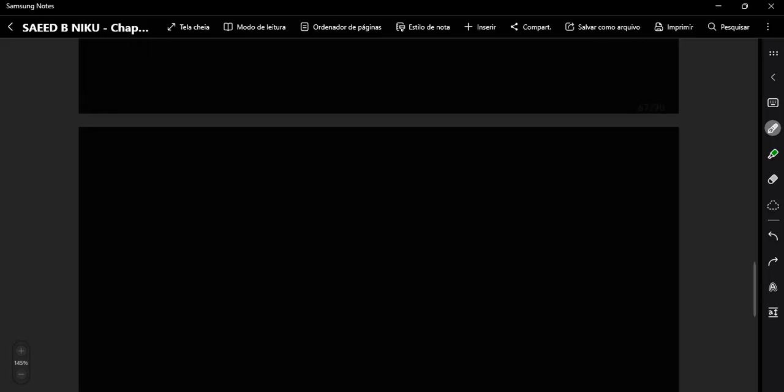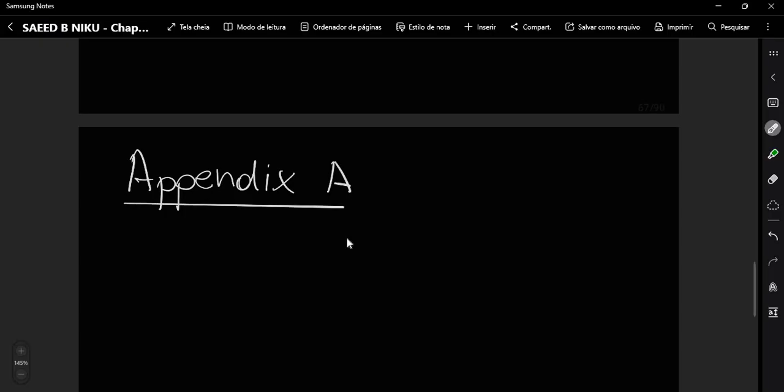So we are on Appendix A, and it brings an example. Before the example, which is example A.2, we have example A.1, which is how to calculate the determinant of a matrix.